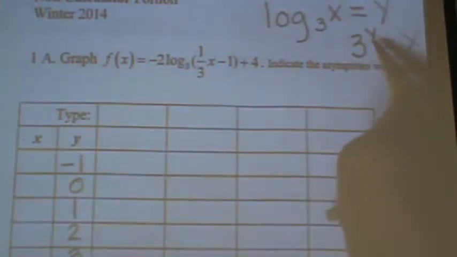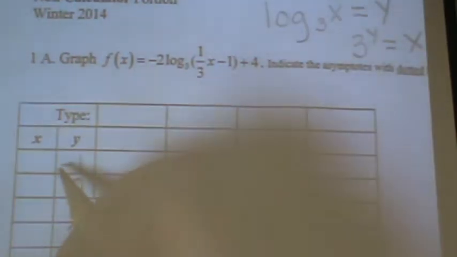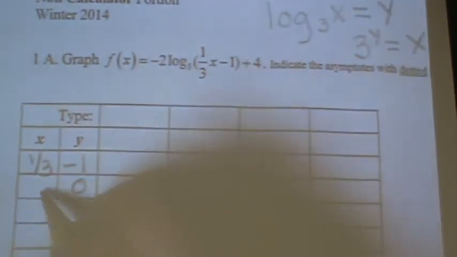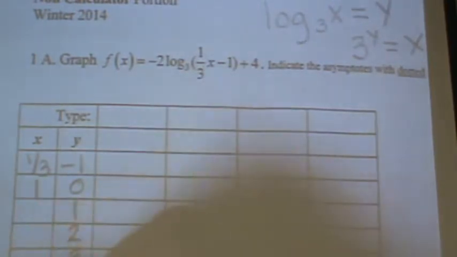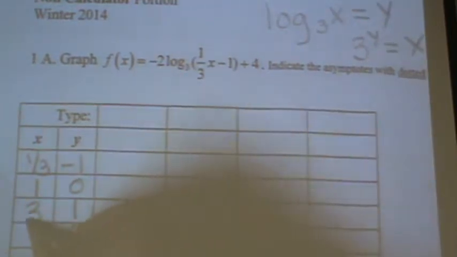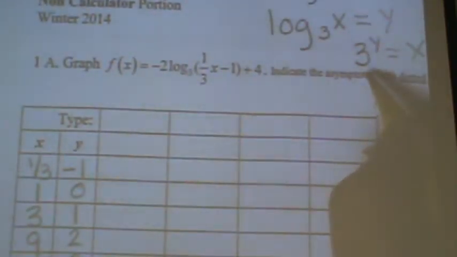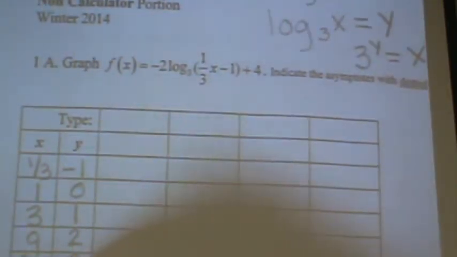If you plugged in -1 here, you get 1/3. If you plugged in 0, you'd get 1. If you plugged in 1, you would get 3. If you plugged in 2, you'd get 9. And if you plugged in 3, you would get 27.